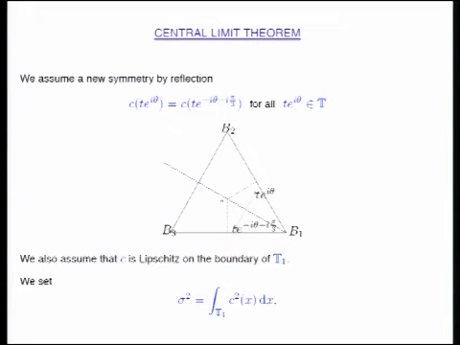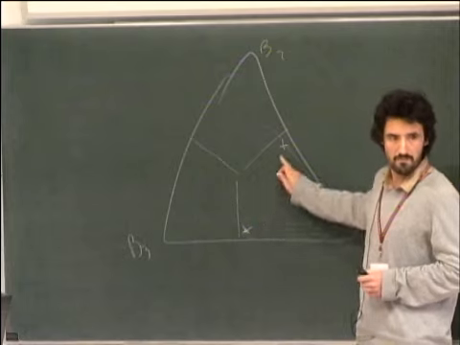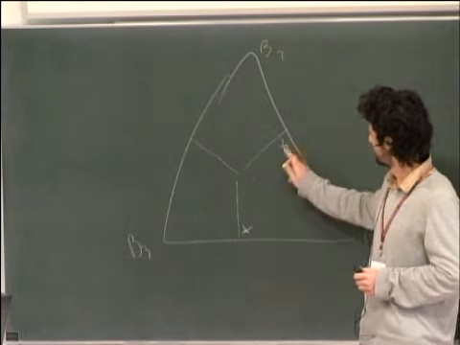Okay, so now we can make one more step. We will look at the central limit theorem for this problem. We will need another assumption, that the cost here and the cost here are the same.